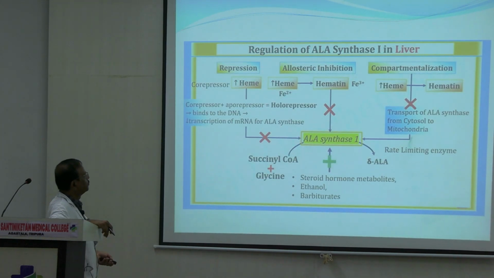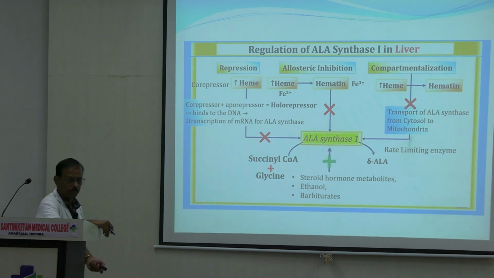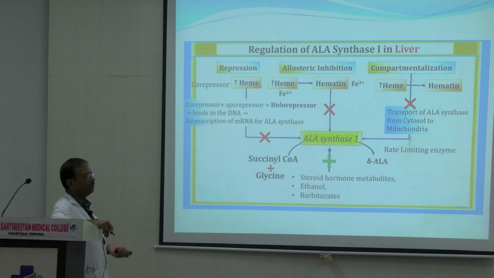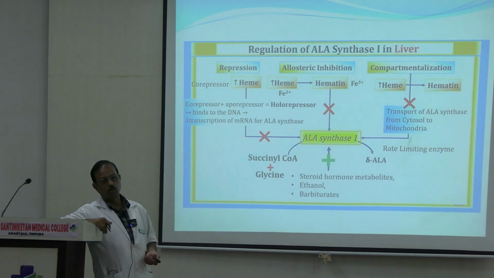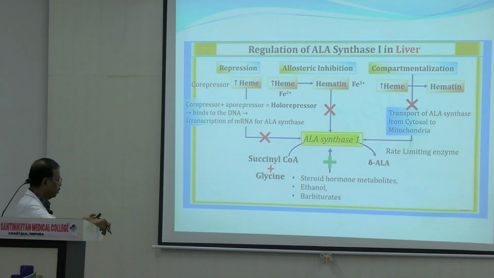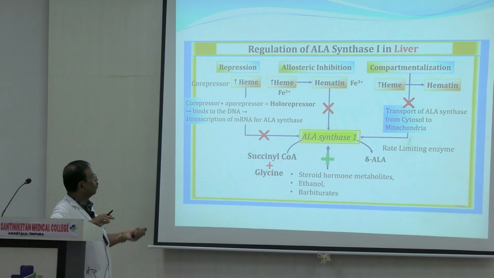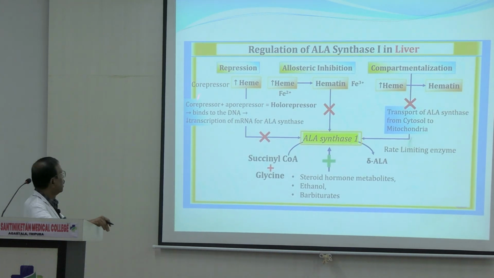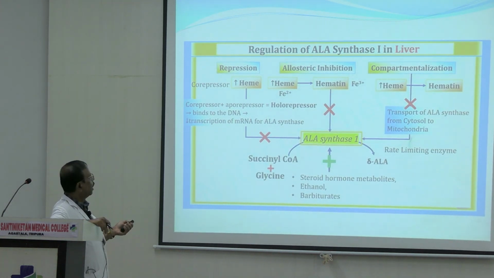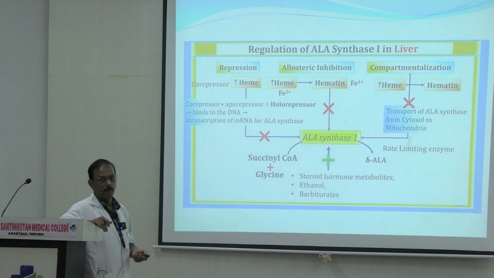Regulation of ALA synthase 1 in liver, that means other than erythroid precursor cells. So, three modes of regulation are there: repression, allosteric inhibition, and compartmentalization.